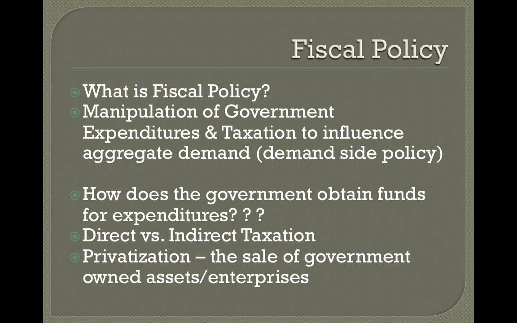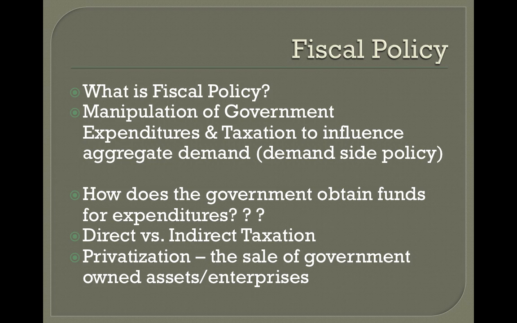For example, certain industries used to be more heavily regulated by the government or completely government run. But then the government decided maybe that it was too costly, or they weren't managing their resources effectively, and so they sold those companies to the private sector.